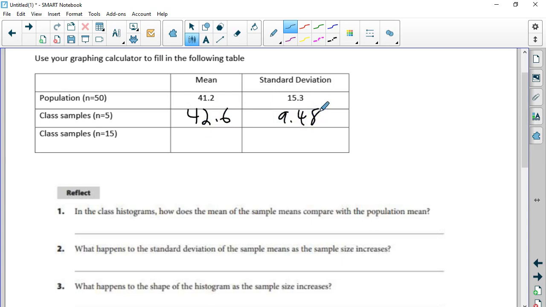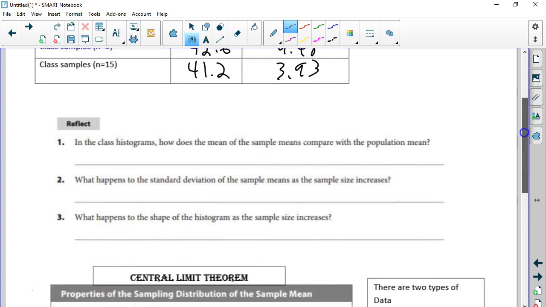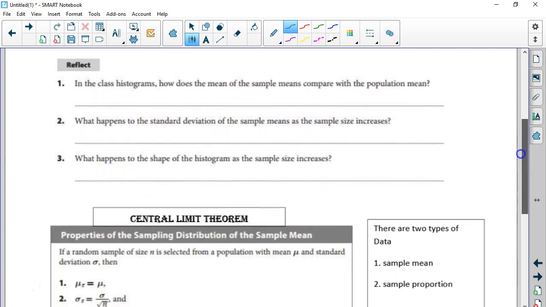When we did 15, you're not going to believe that this was true, but it actually matched, with a much smaller standard deviation. So the mean actually ended up being exactly the same. Now that's a rare occurrence. Maybe you might get 41 or 41.5, but you can see what happened as we got more samples.